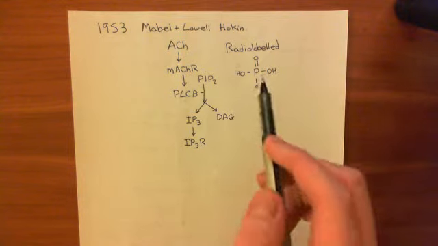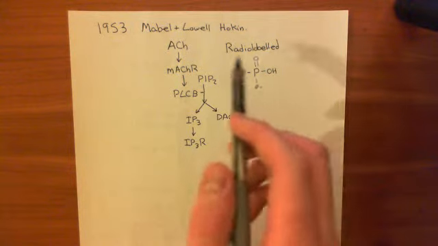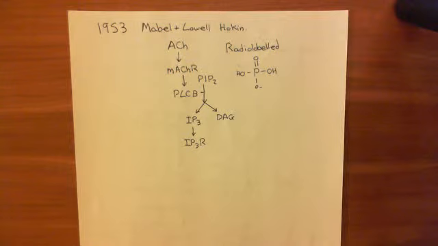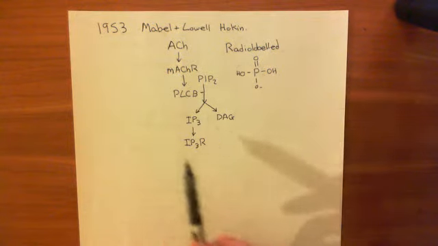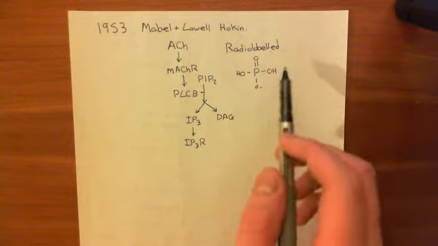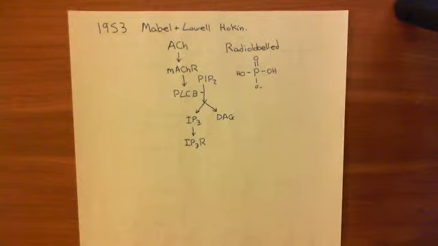So that was the first sort of inkling that these pathways involved these phosphoinositides, basically. That there was something happening with these radio-labeled phosphates that was leading them to go into the membrane. Okay, so that's what Mabel and Lowell Hokin noticed.